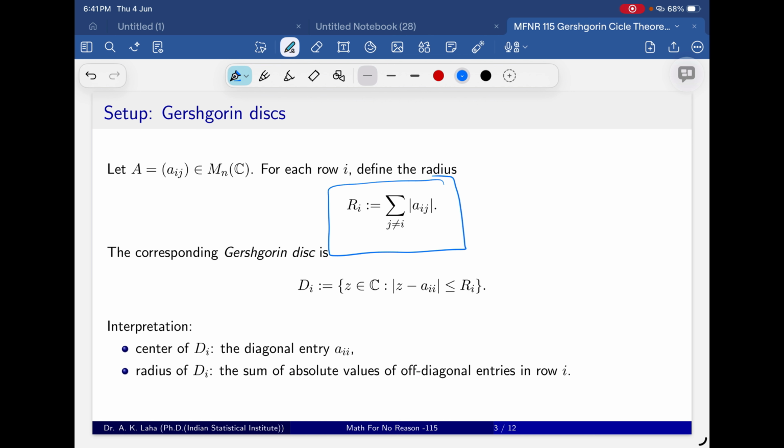And based on that, we define the Gershgorin disk, which consists of all complex numbers z such that the absolute value of z minus Aii is less than or equal to Ri. So it is a circular disk with center at Aii and the radius is Ri.